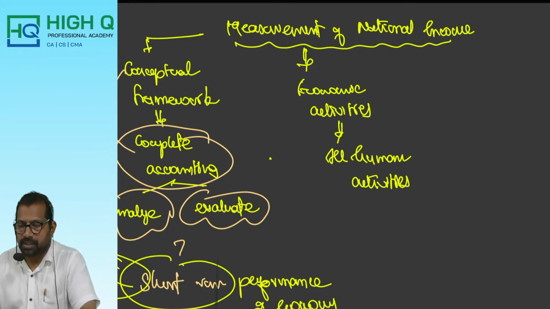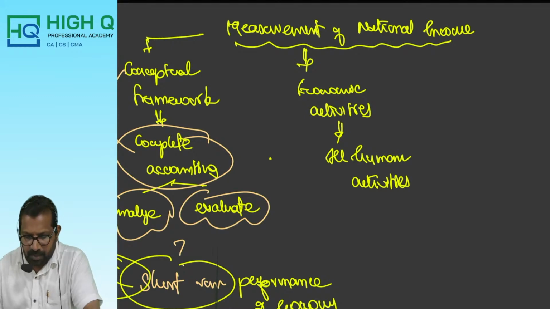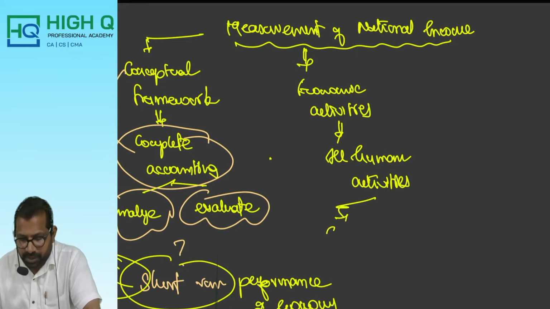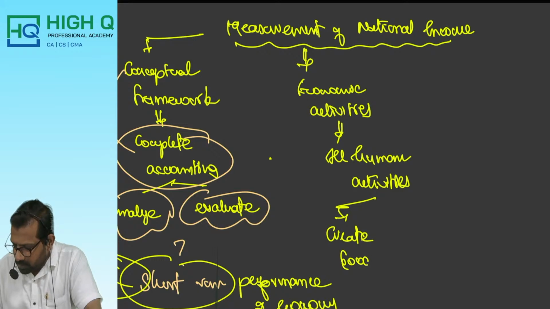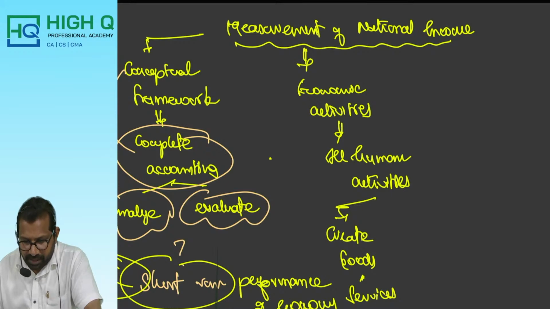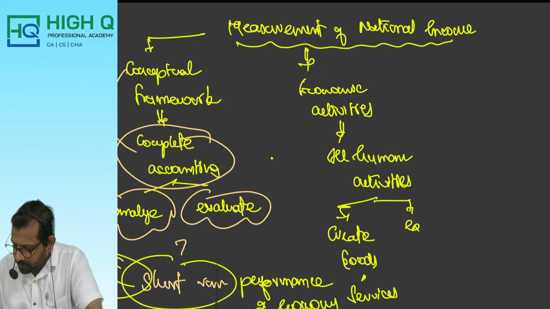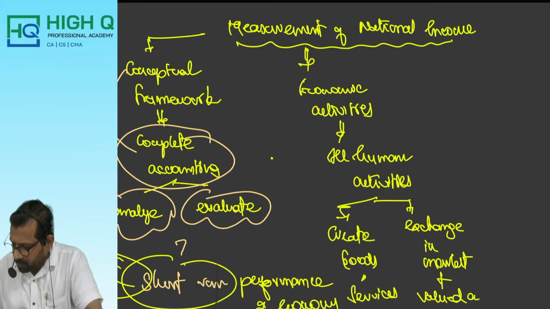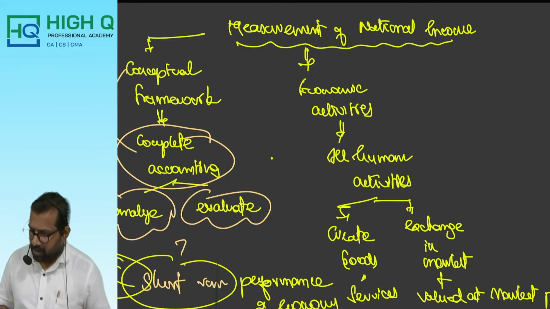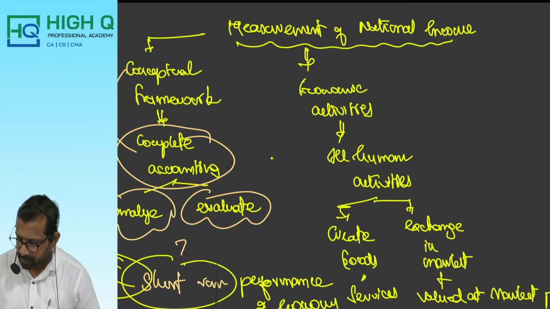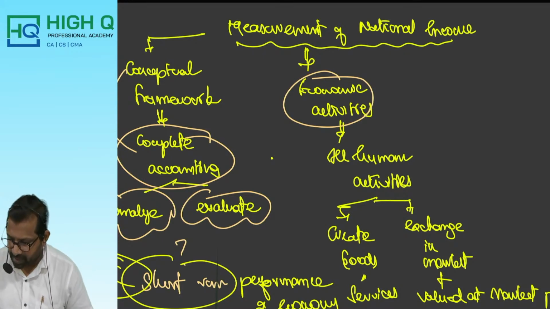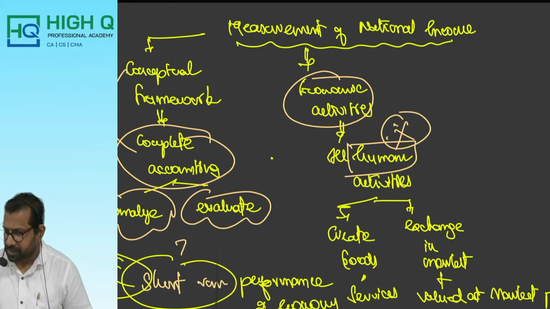All human activities are included in order to measure the national income, especially activities that create goods and services, exchange in the market, plus valued at market prices. So in this second point, economic activities represent all human activities.